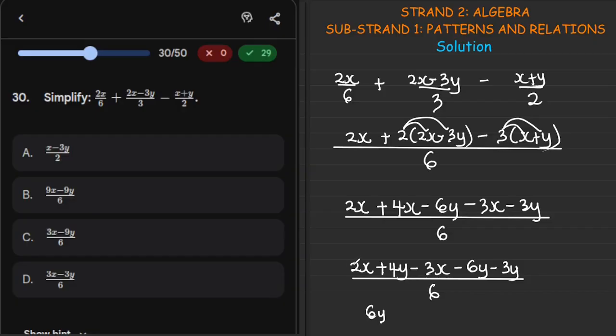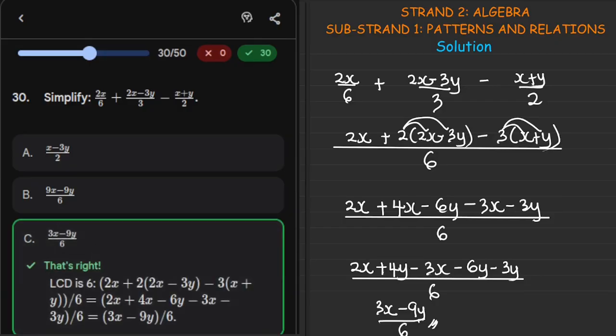So 2 plus 4 gives us a 6, then 6 minus 3 gives us a 3x. The negative 6 minus 3, on the other hand, gives us a negative 9y, all over 6. Since these are not like terms, we leave it as our final answer. And that is 3x minus 9y all over 6. That is our C over here.